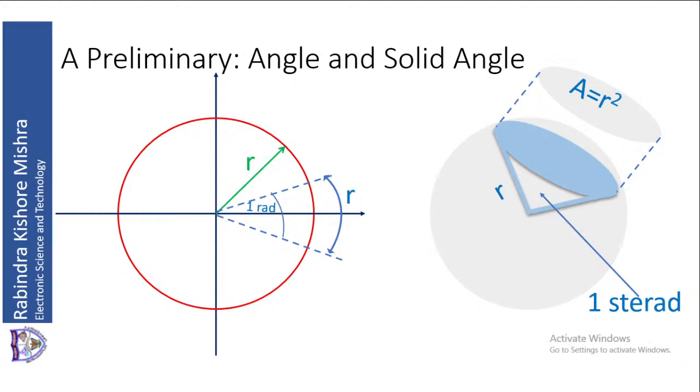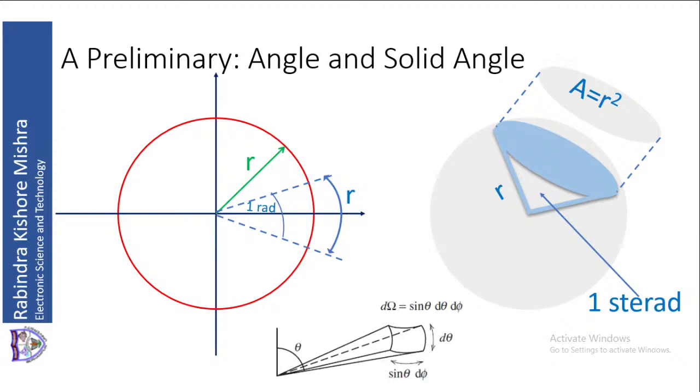Radian is the unit of angle. Steradian is the unit of a solid angle. So it is 1 steradian. We can see this in terms of area. If you are considering a spherical coordinate system, area is equal to length into width.